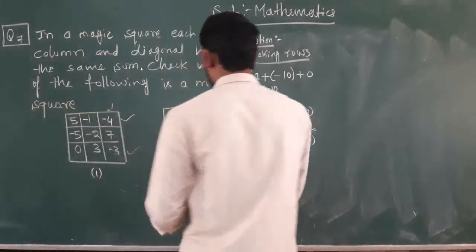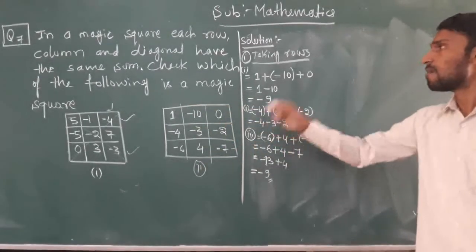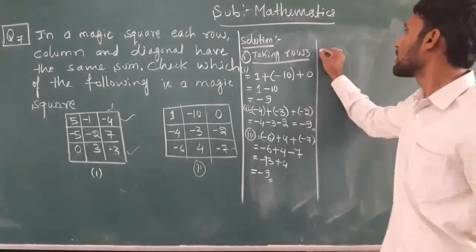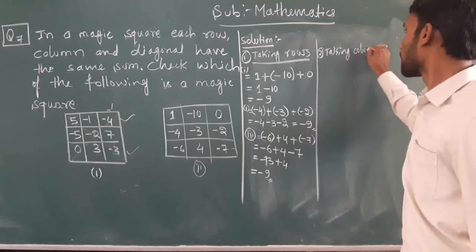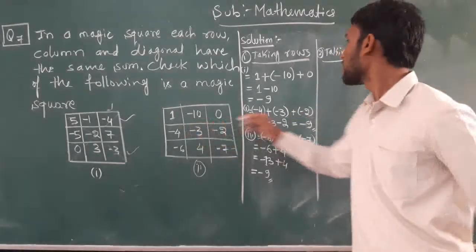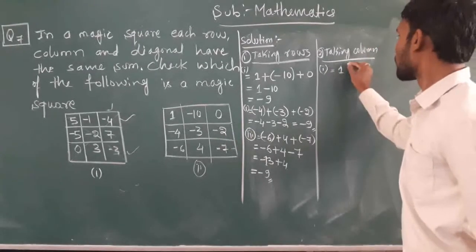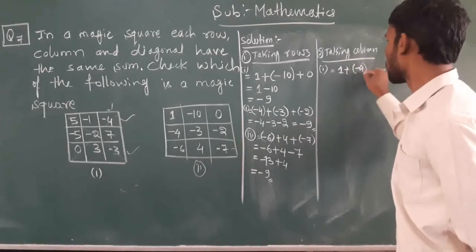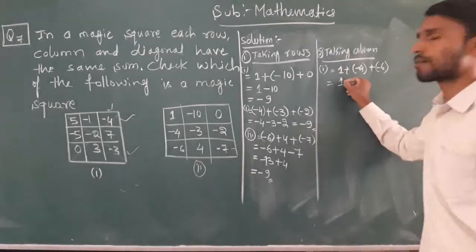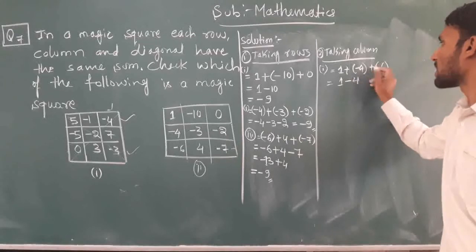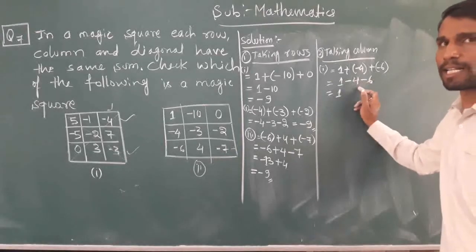Next I am taking columns. This is the first column, this is the second column, and this is the third column. Taking the first column: 1 plus minus 4 plus minus 6. 1 plus into minus 4 plus into minus 6.